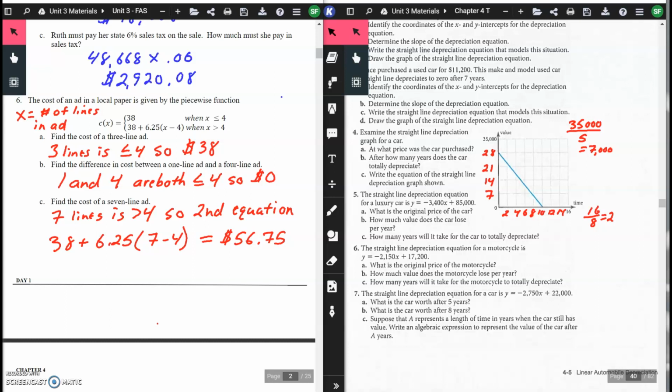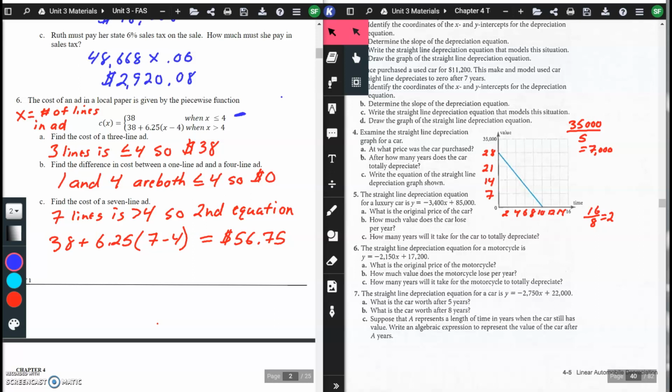Okay, so it says find the cost of a 3-line ad. Okay, so here X is the number of lines in your ad. So if X is 3, X is in this first equation up here, because 3 is less than or equal to 4. So we know we're going to pay a flat fee of $38.